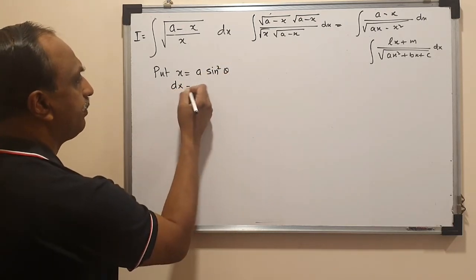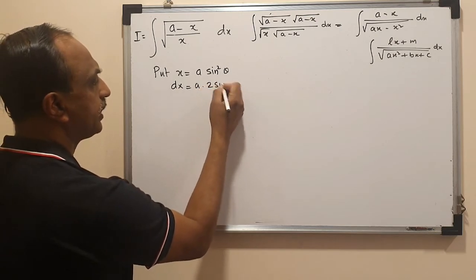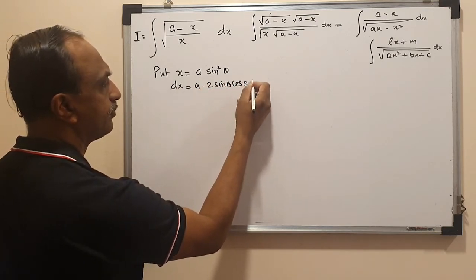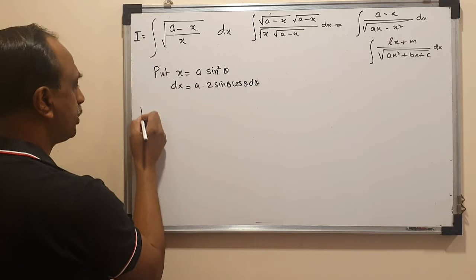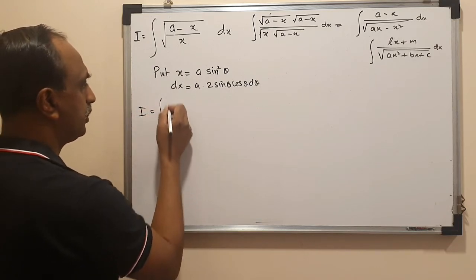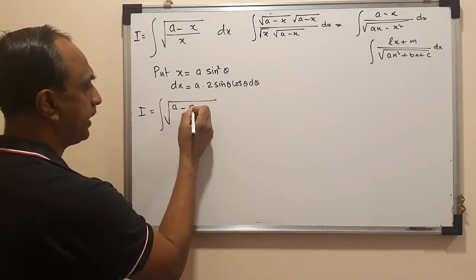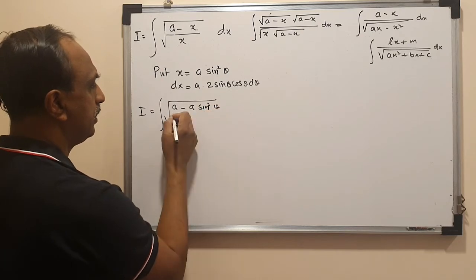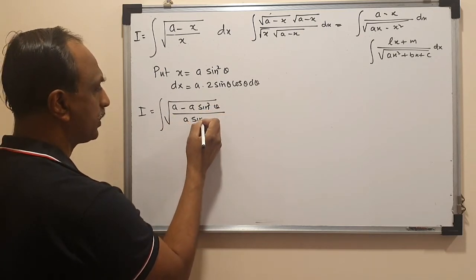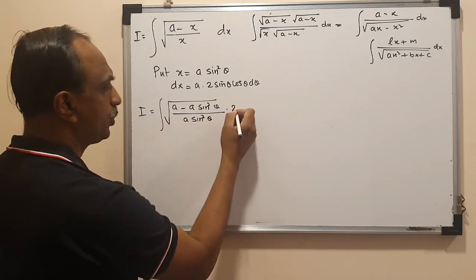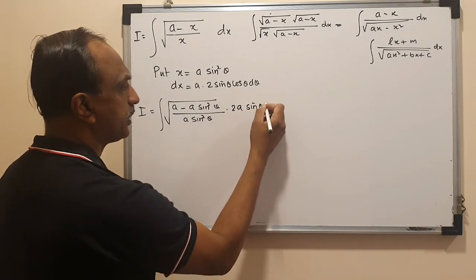So dx became a into 2 sine theta cos theta d theta. Now I will substitute in it root of a minus a sine square theta divided by a sine square theta into 2a sine theta cos theta d theta.